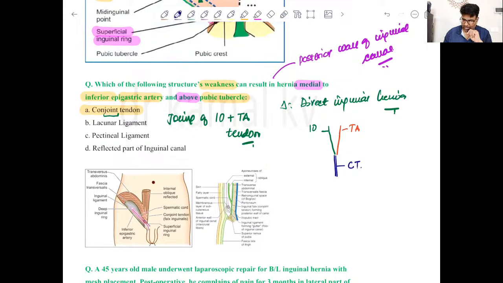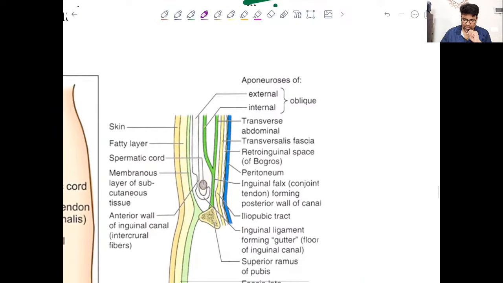Now the conjoint tendon is on the posterior side of the inguinal canal, so it forms the posterior wall of the inguinal canal. If you look at this image, this is the internal oblique muscle, and then this is the transversus abdominis muscle, and together they form the conjoint tendon. Whatever I am drawing in red is the conjoint tendon.